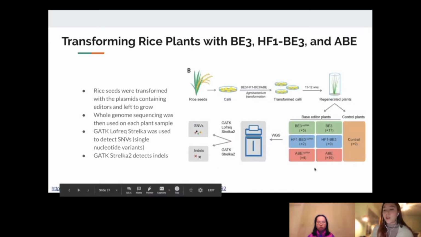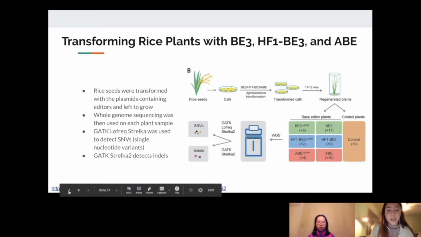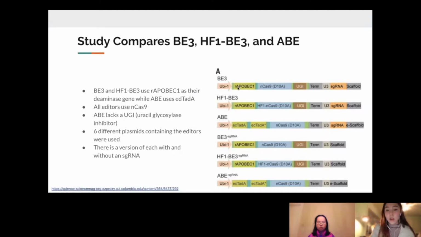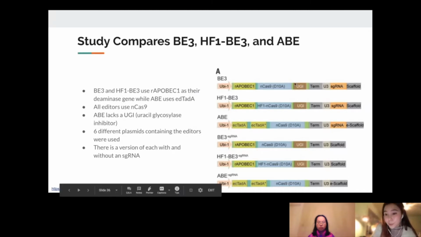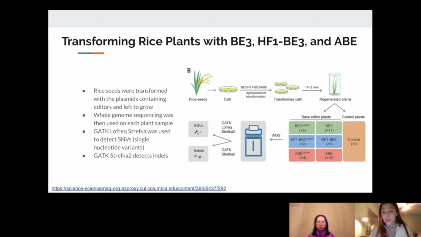The way that this study was set up is that rice seeds were transformed using plasmids that contained one kind or none of these gene units. These rice seeds were transformed, and then the transformed cells were allowed to grow for 11 to 12 weeks into plants.